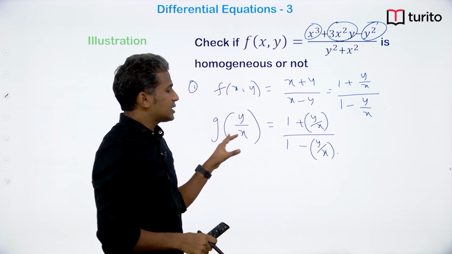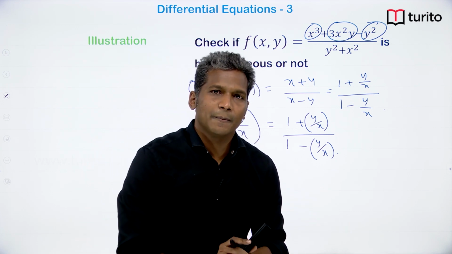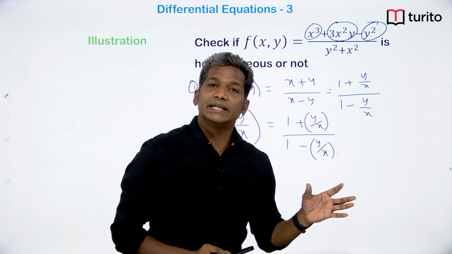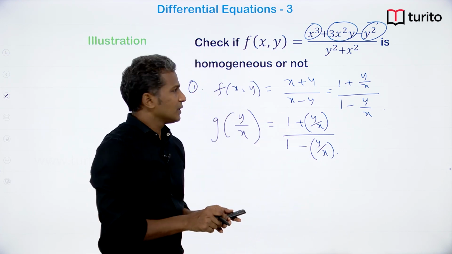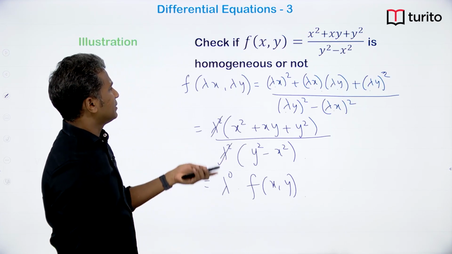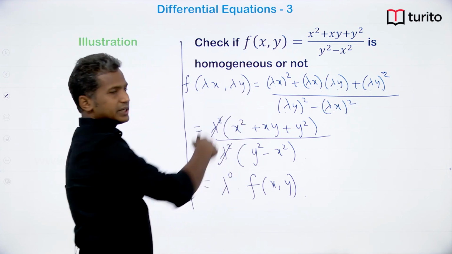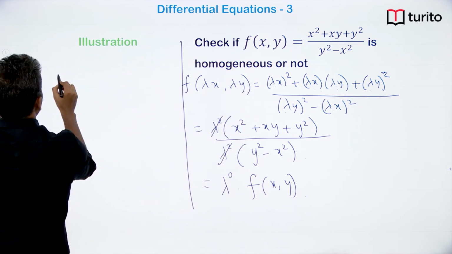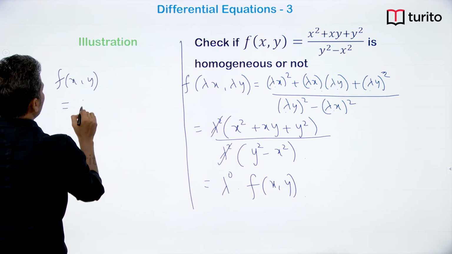So here you can understand that any homogeneous expression of degree of homogeneity 0 can be expressed using this idea. We can also look at the earlier example. If I divide by x square on both sides, what do we get? f of x comma y is equal to 1.